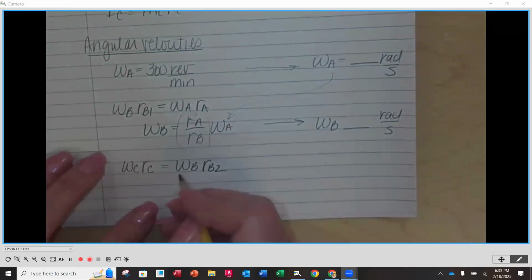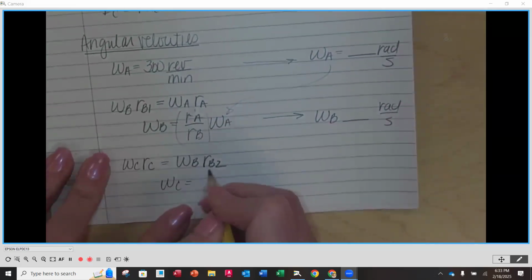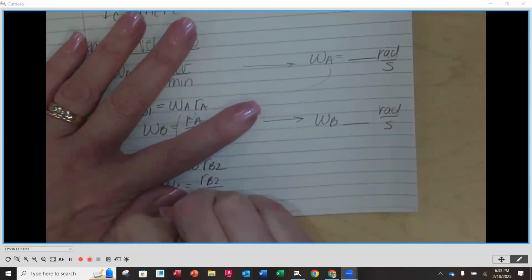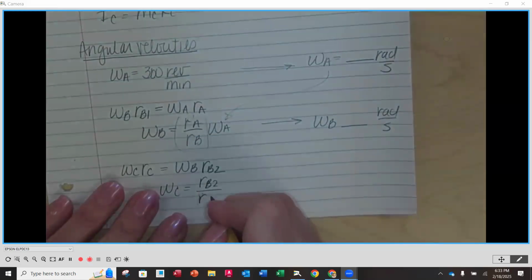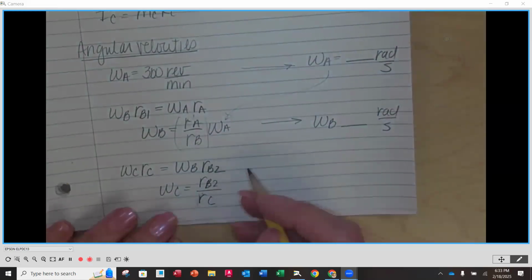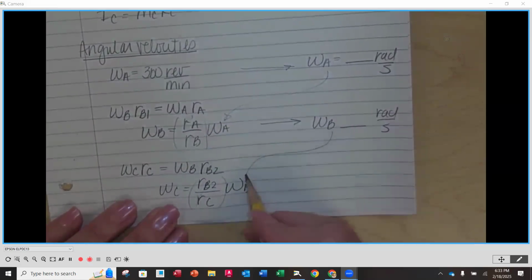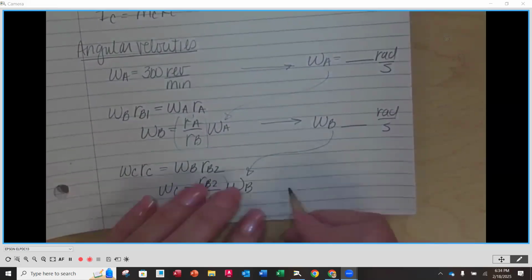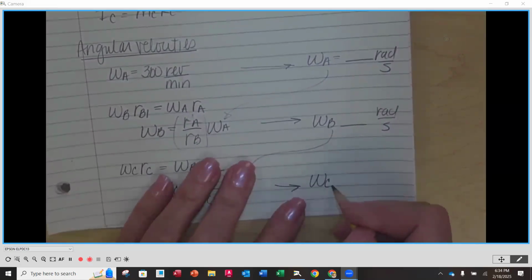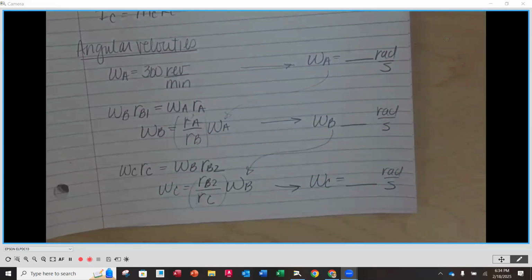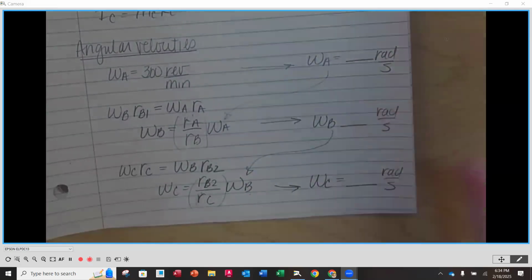So we can say that WC is equal to RB2 over RC times WB. Now your WB you're going to put down here, and then you're going to have your WC in radians per second. Does that make sense to everybody?